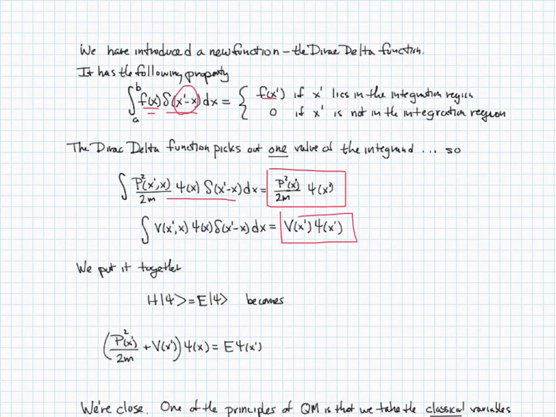So when we're all said and done, this abstract expression, when projected onto x, becomes that. Now that looks a whole lot like the usual Schrödinger equation. We've got momentum and we've got potential and x and so on. Now we have not dealt with that yet. Well, let's deal with that.